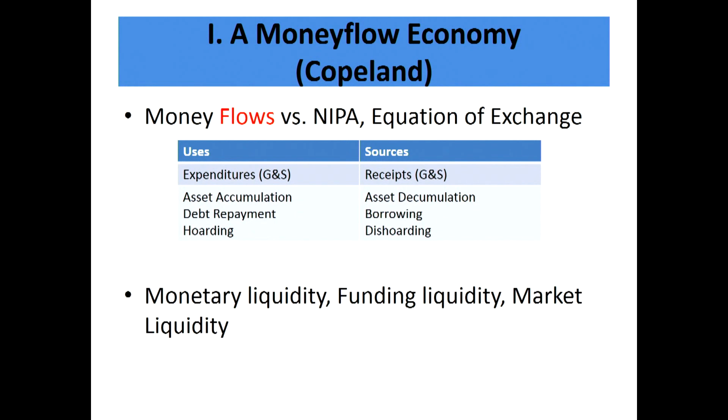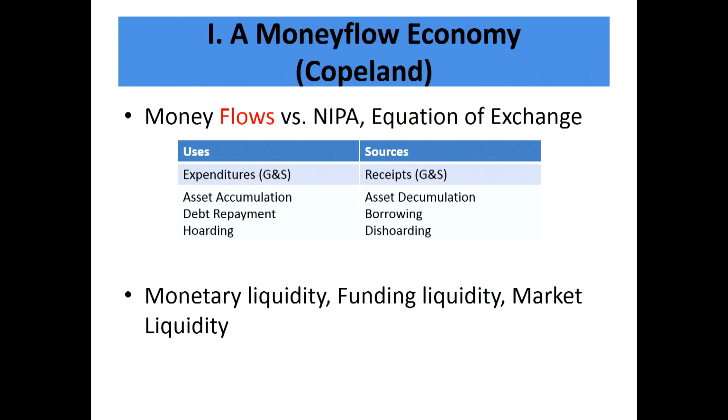This is maybe different from what you've seen in other classes, where maybe you're thinking of the economy as a simultaneous system of supply and demand determining a price vector, something like that. Here, this is the basic idea, and this is the accounting structure that was invented by Morris Copeland in 1952. He wrote a book for the National Bureau of Economic Research, in which he was emphasizing money flows.